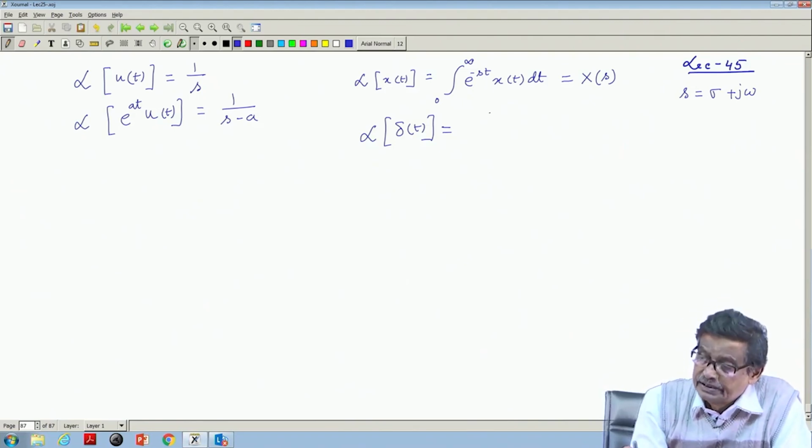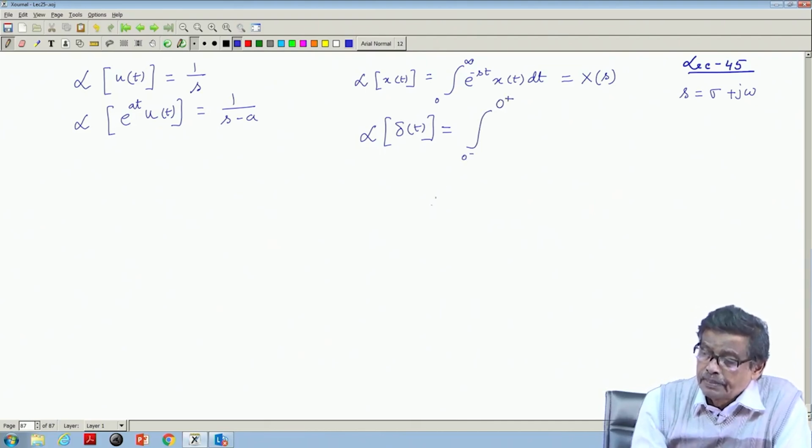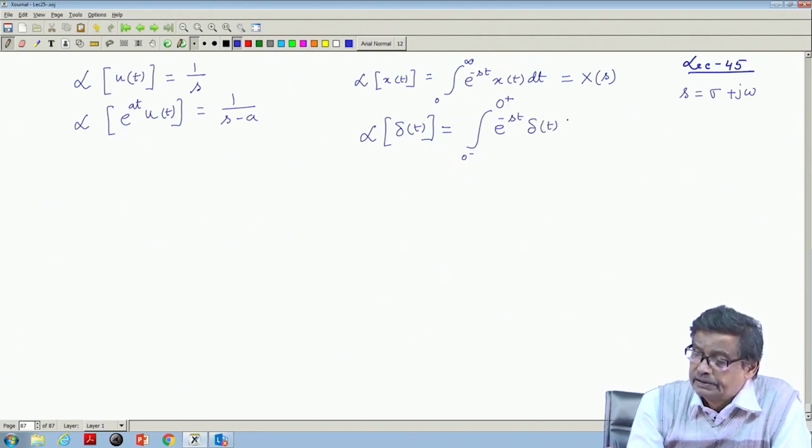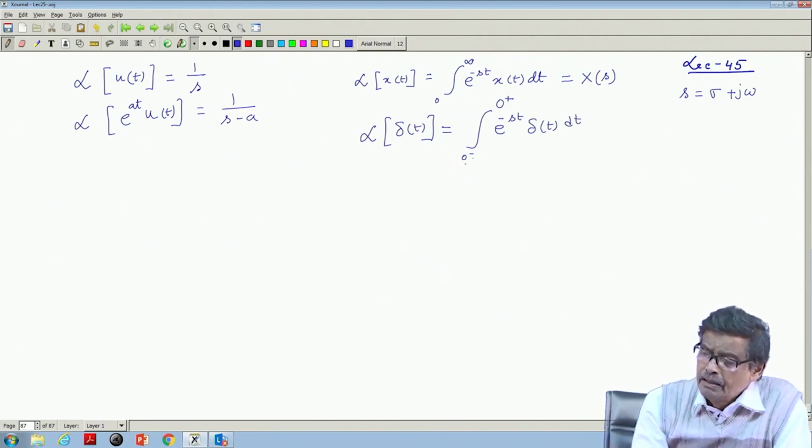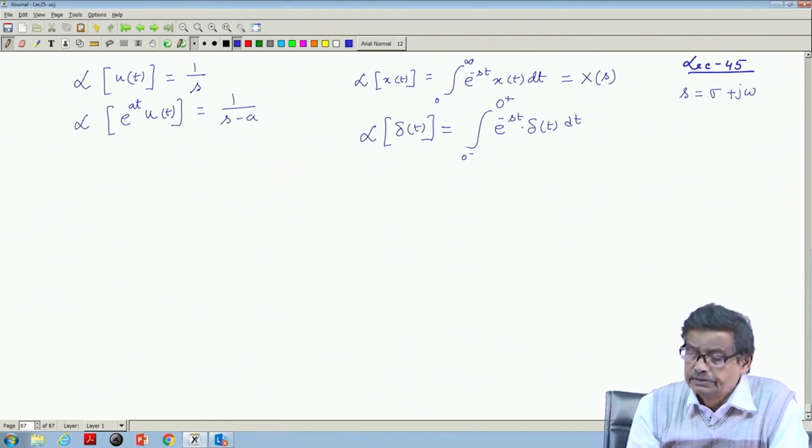So, I will carry out this integration from 0 minus to 0 plus, of e to the power minus s t into delta t dt, because beyond 0 plus the value of delta t is 0.